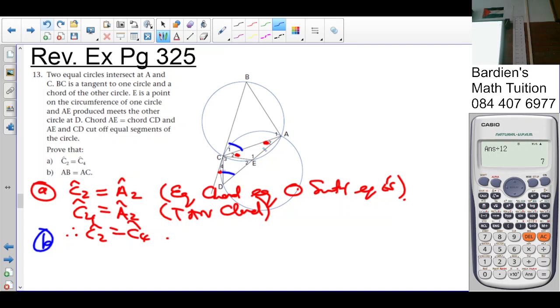Yeah, I'm missing something here. There's a cyclic chord.